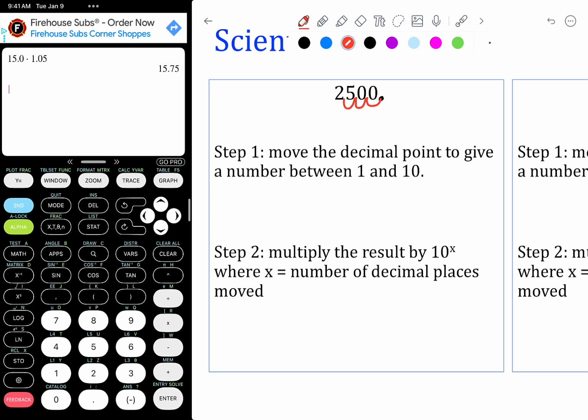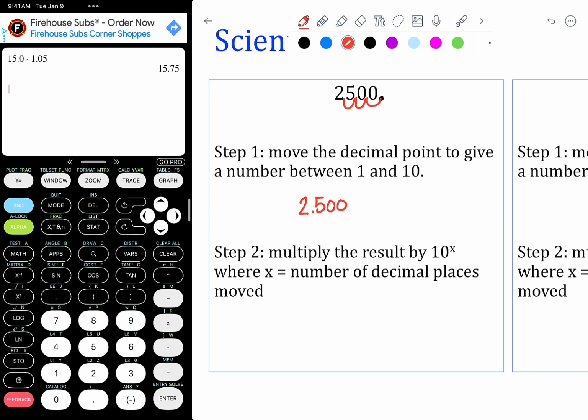So we could stop there, but just to show, if I were to move it another time, that would give me 0.2500, which is less than 1. So it does not fall between 1 and 10. So we move our decimal place to give a number between 1 and 10. So that's 2.500.